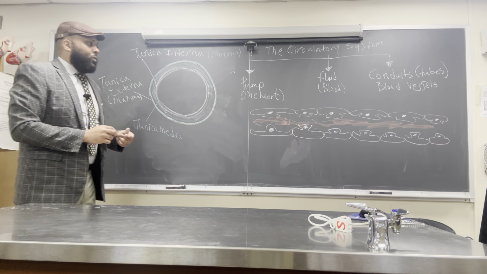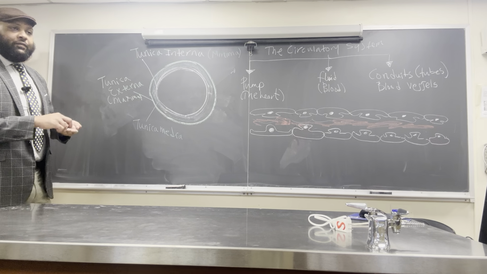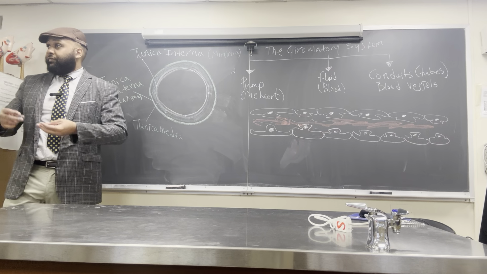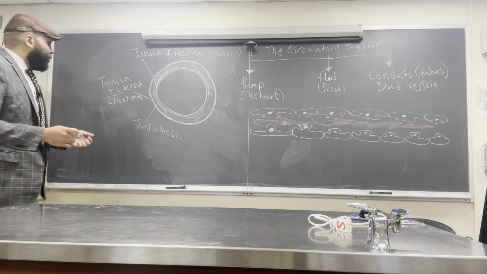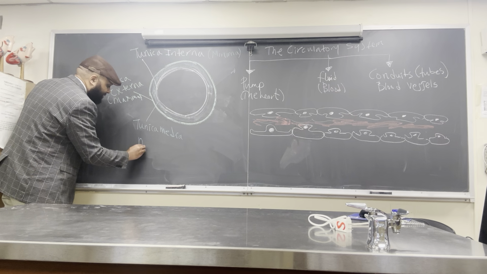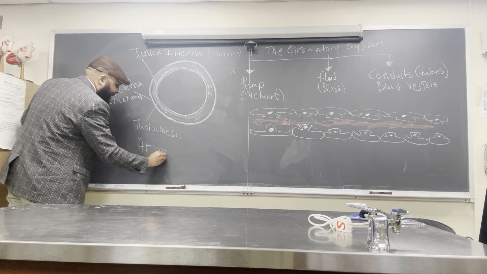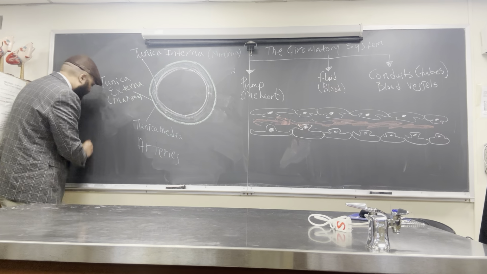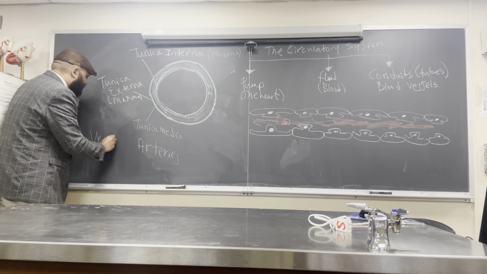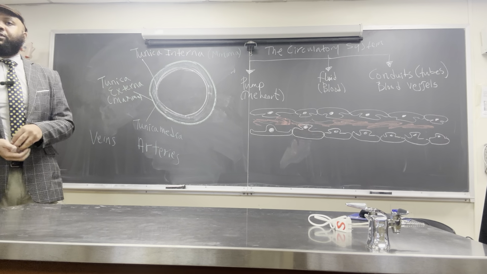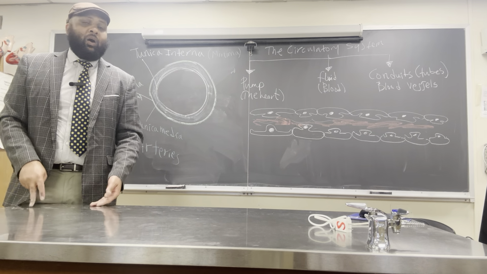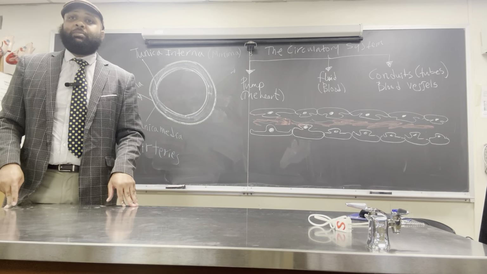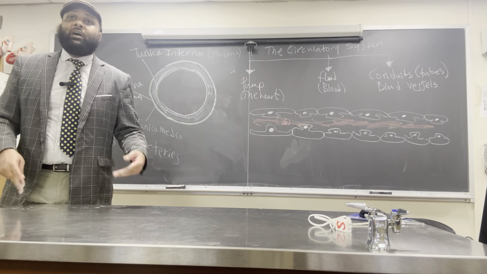Now, we discussed that we have two types of blood vessels based on the direction of blood flow. We said that there are arteries and there are veins. We discussed that many students have the problem of assuming that arteries carry red, oxygenated blood, while veins carry deoxygenated blood.